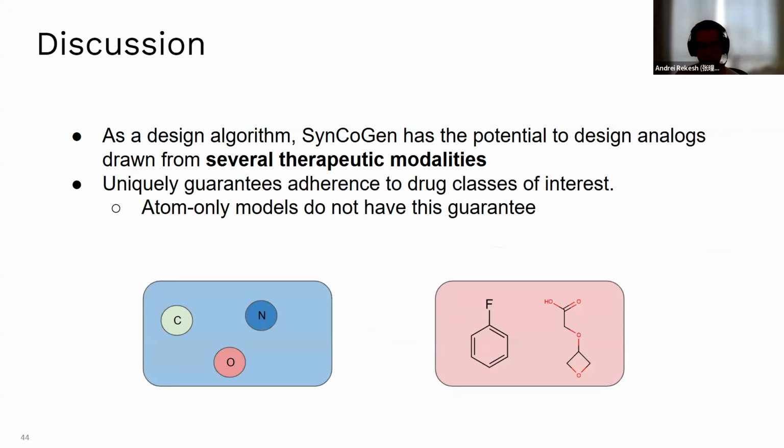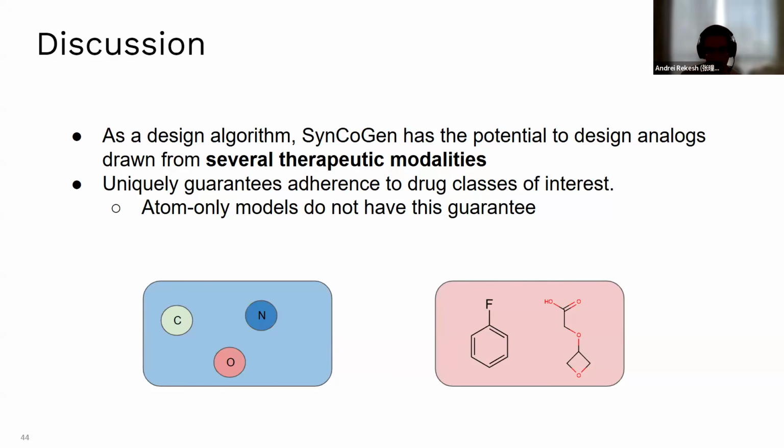And what I mean by that is, like we showed in the results earlier with SemlaFlow retrained on our data, even if we have some data set of molecules that are specific to one modality, there's no guarantee that an all-atom model would respect the chemistries or the vocabularies that we restrict the building block set to cover. But SynCoGen has this explicitly included in its design framework.